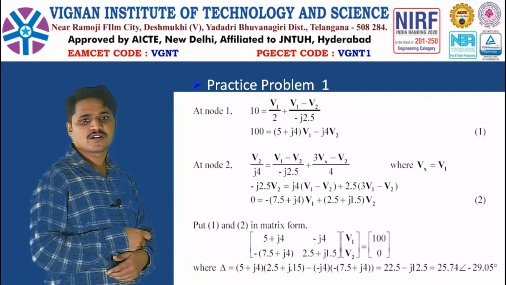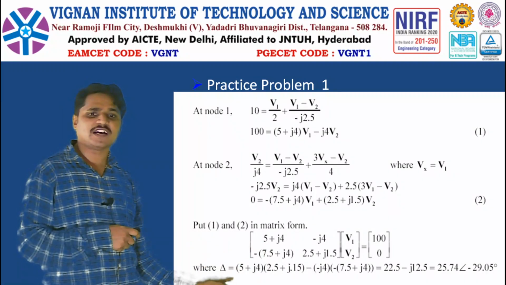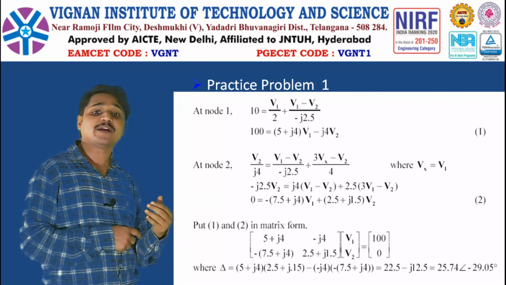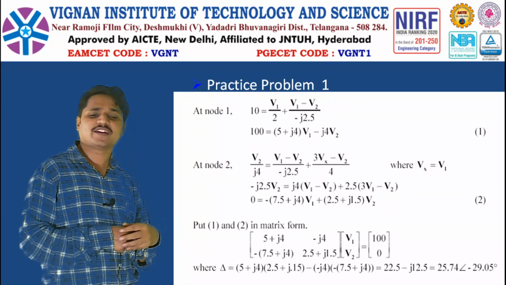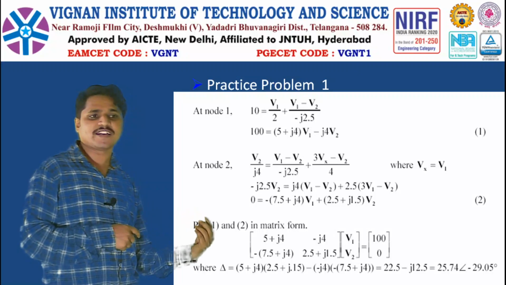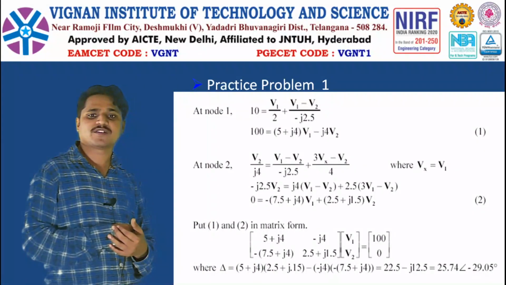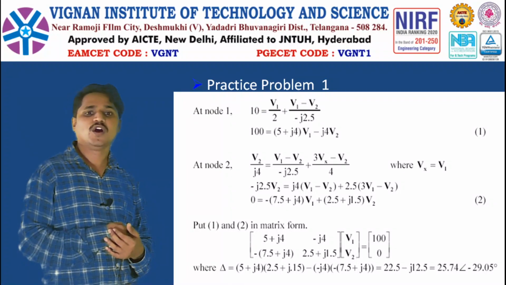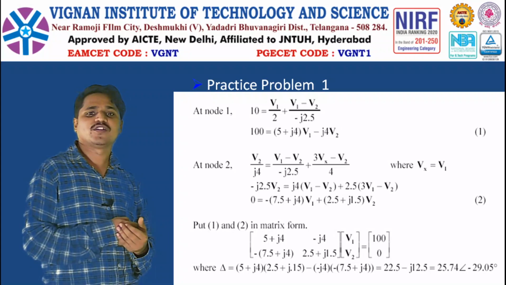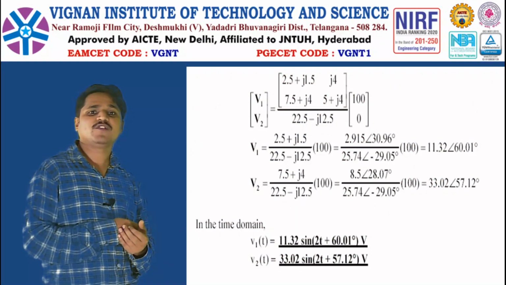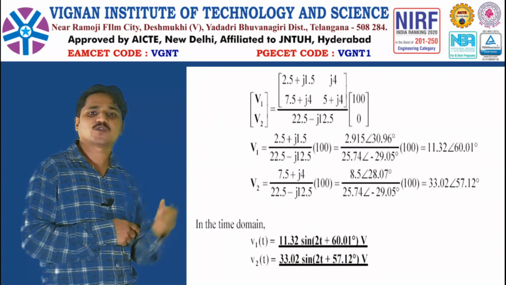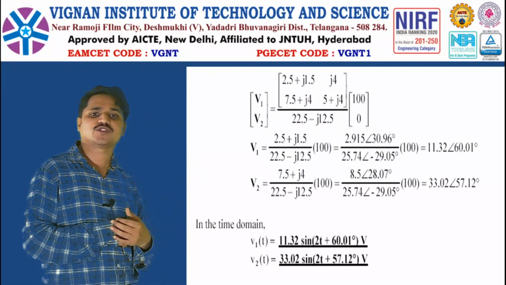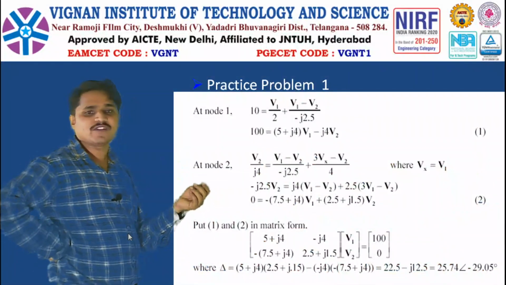Now, what is delta? Delta is the determinant of the matrix, AD minus BC. You will get 25.74 at an angle minus 29.05 degrees. Now, how to find V1? By using Cramer's rule, V1 and V2 are given by the matrix by the determinant, with 100 and 0.